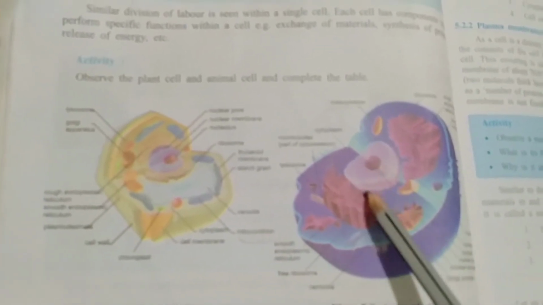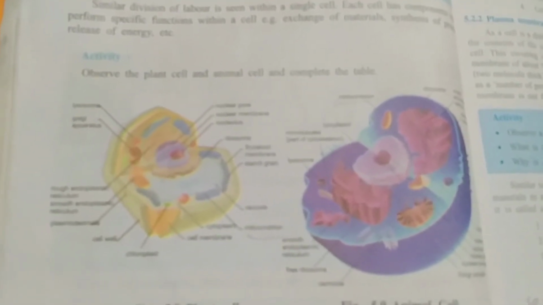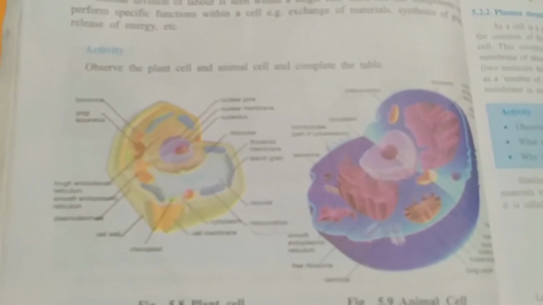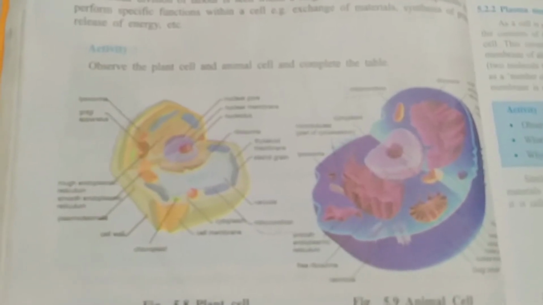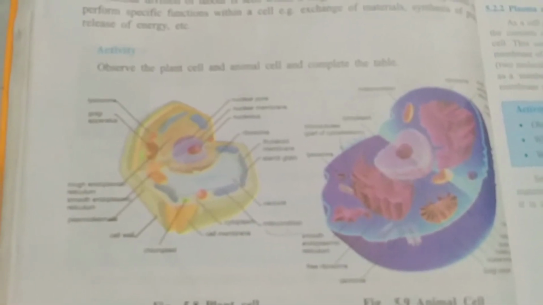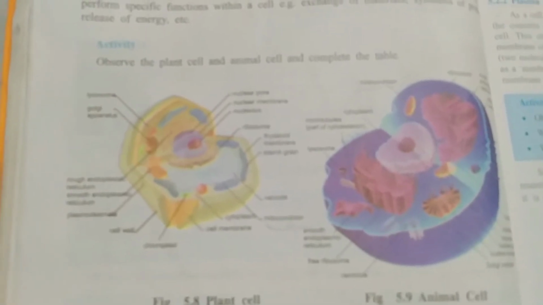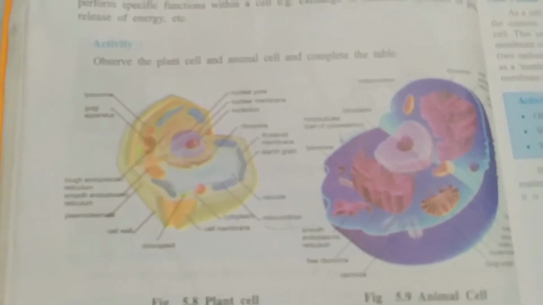A human being contains 46 chromosomes. How many chromosomes? 46 chromosomes. Of these 46 chromosomes, 44 are autosomes and the remaining 2 are sex chromosomes. You know, human beings are male and female.